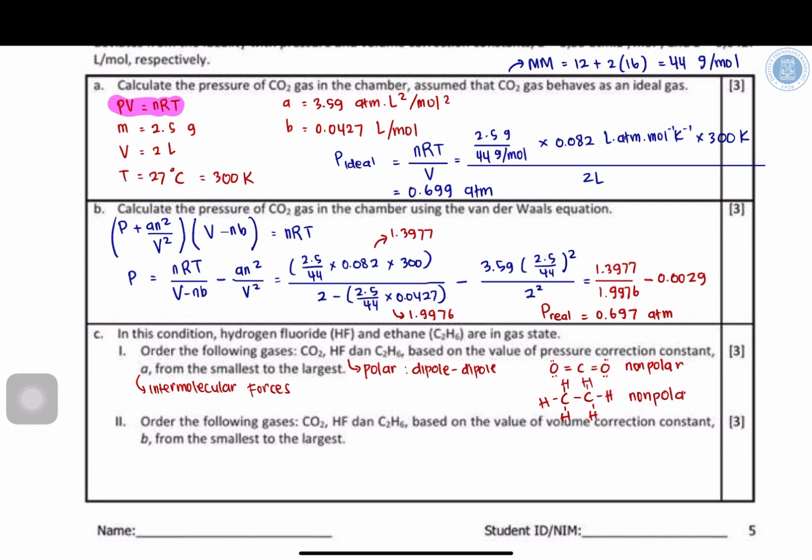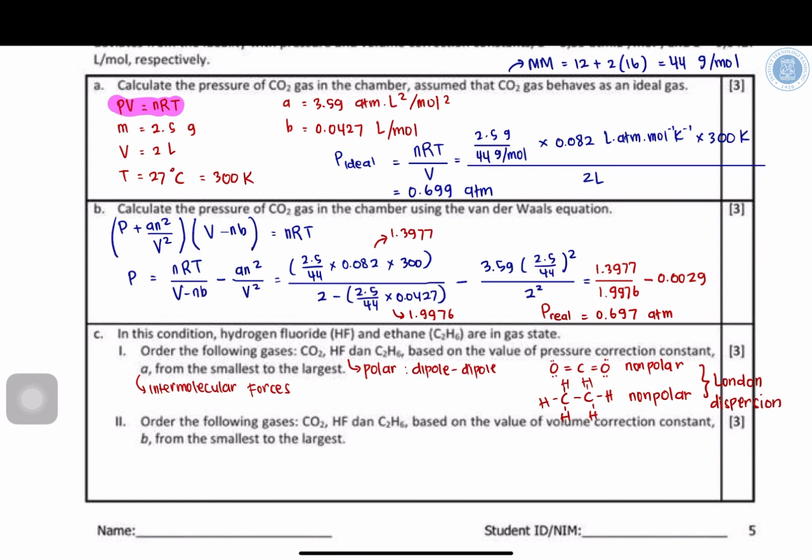This is also non-polar. Now, if we compare these two molecules, because these two are non-polar, they have London dispersion as their intermolecular forces. And we know that London dispersion is a weak intermolecular force.